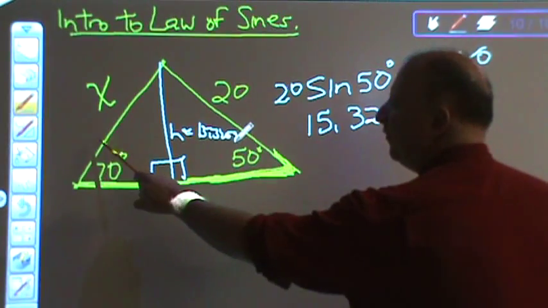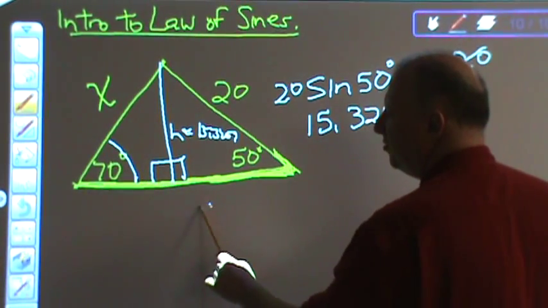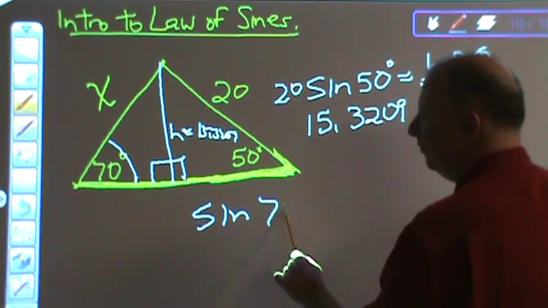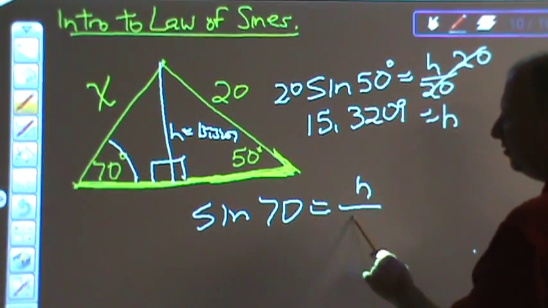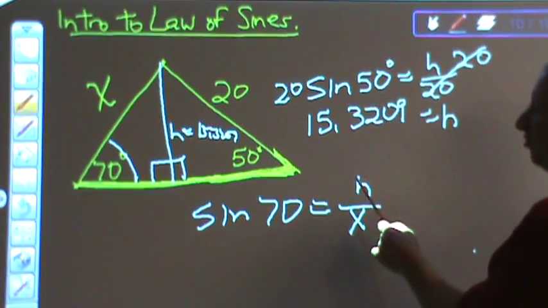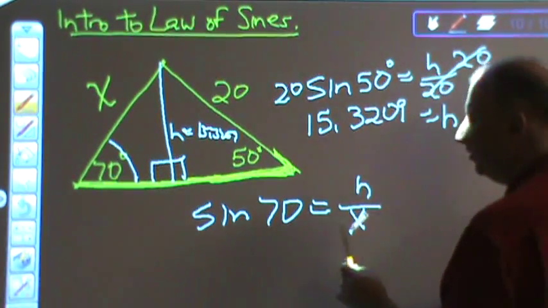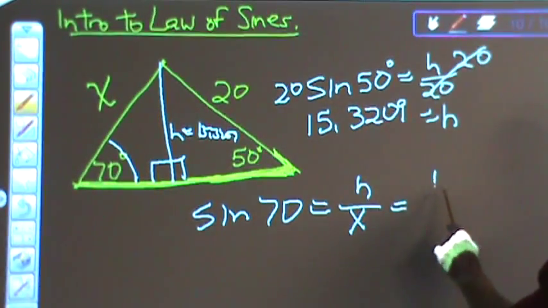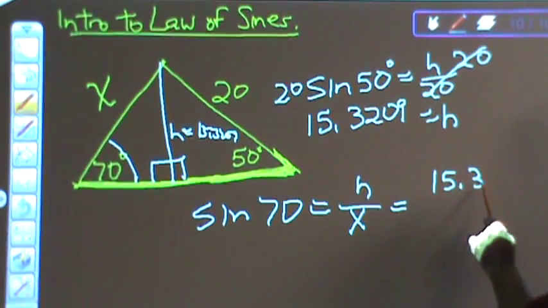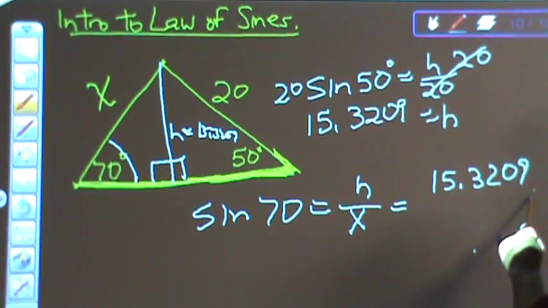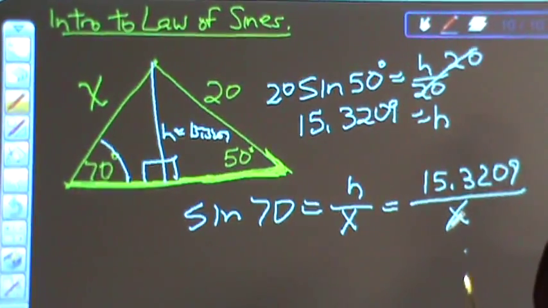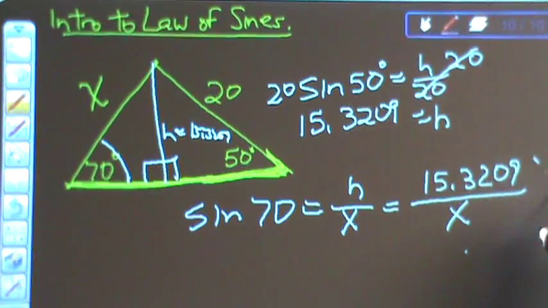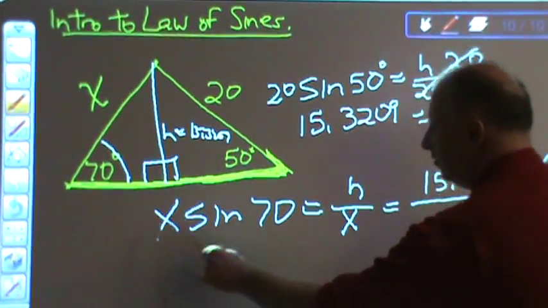Now let's look at how to find x. Well, we also know the sine of 70 is equal to h over x. But we know h is now 15.3209. So I'm going to say 15.3209 over x. I'm first going to multiply both sides by x.